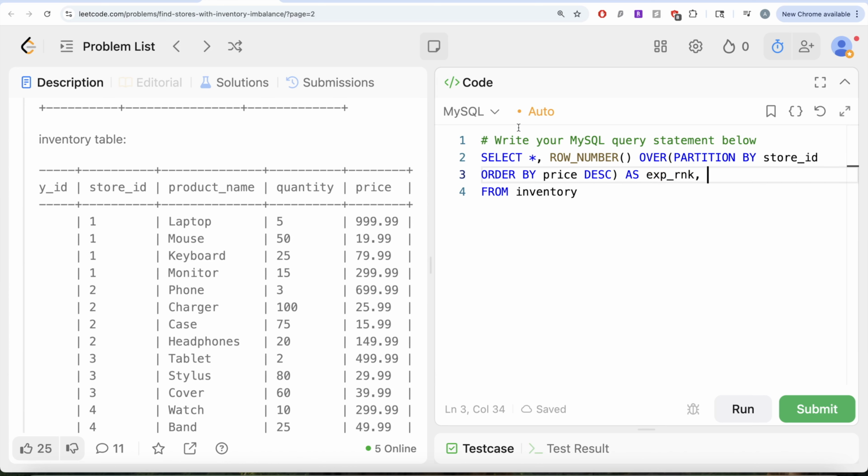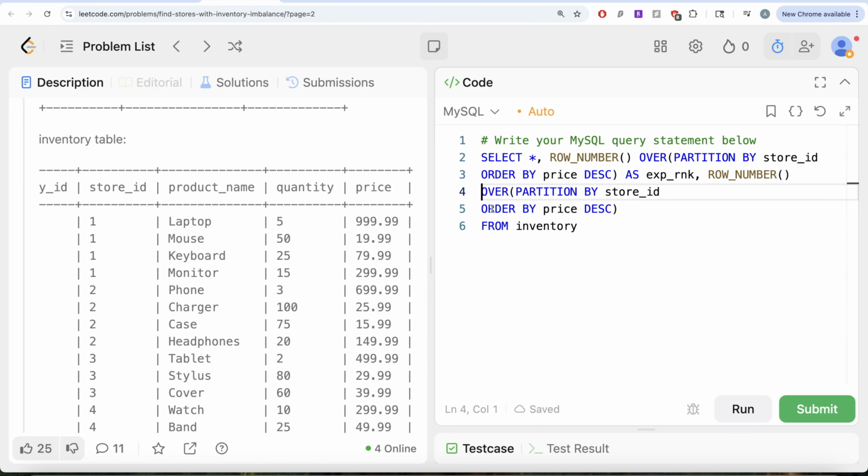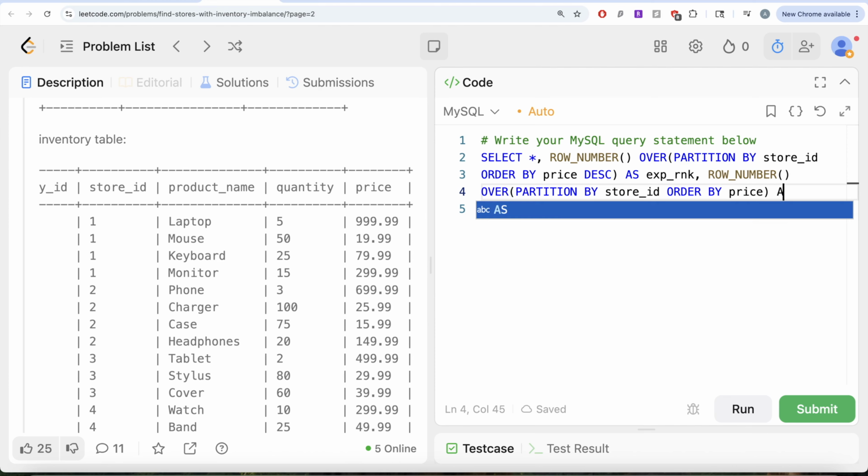And similarly, what we can do is we can just copy it and paste it, and in this case what we are going to do is we are going to order by price but in ascending order, right? And let me just bring it above, and let's alias this as cheapest rank.